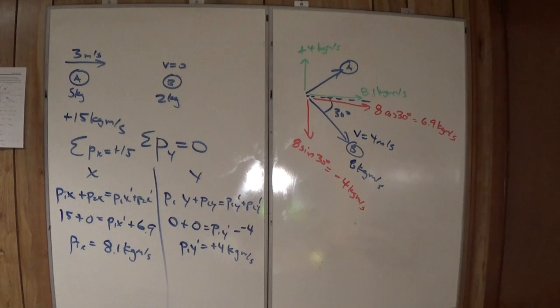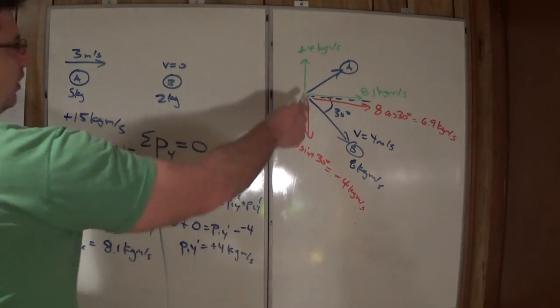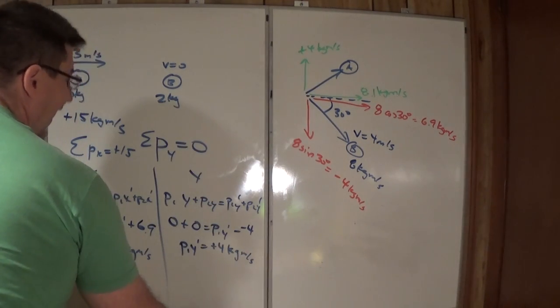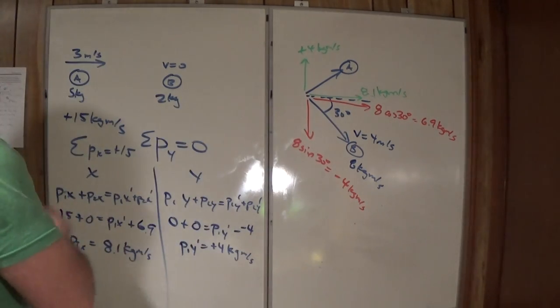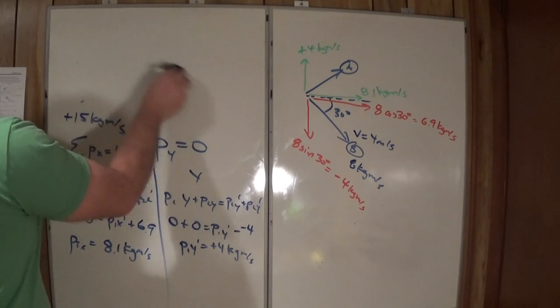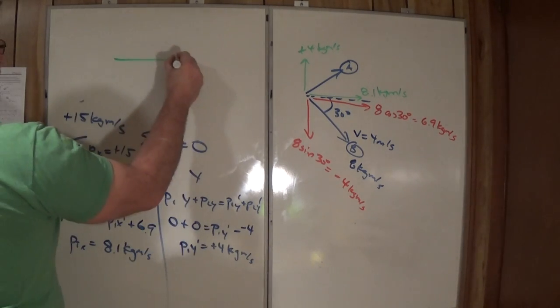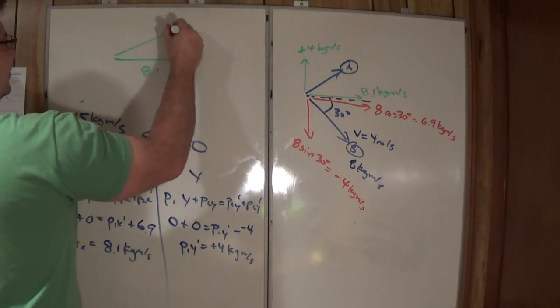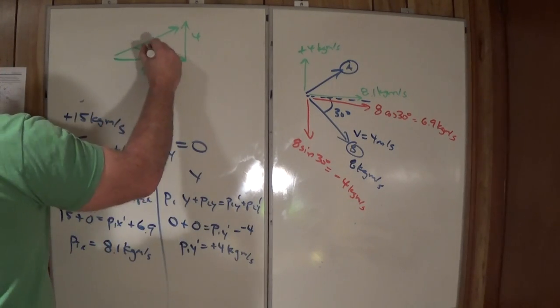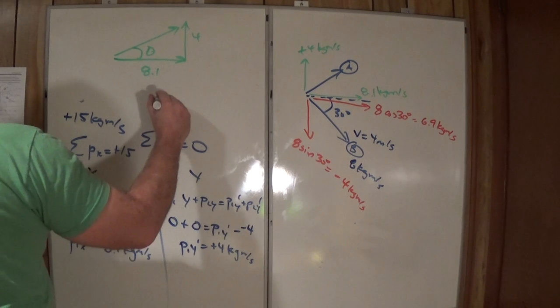So all we have to do now is figure out what's going on with object A. We have 8.1 kilogram meter per second that way, and 4 kilogram meter per second this way. This obviously forms a right triangle, and we can find angle theta using our inverse tan function.